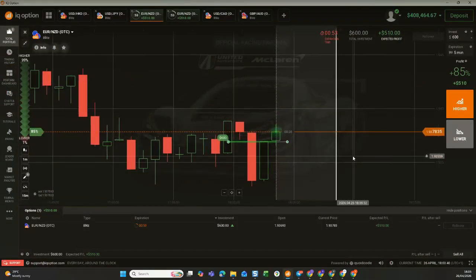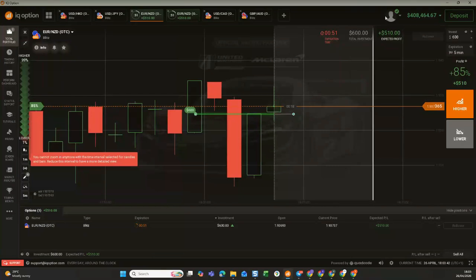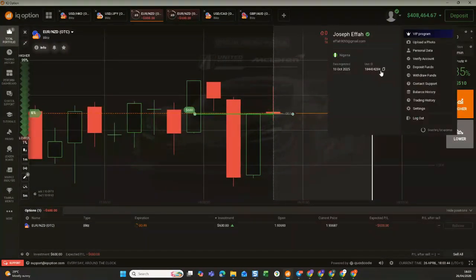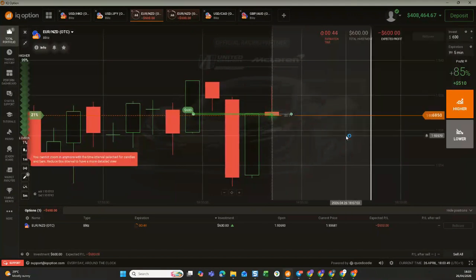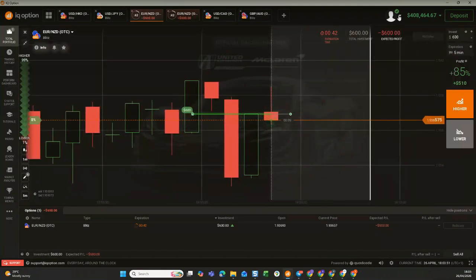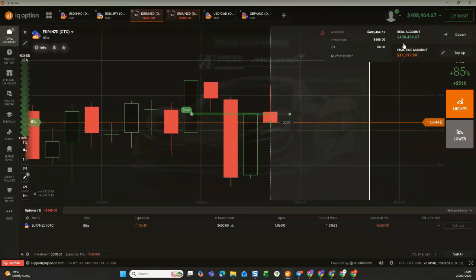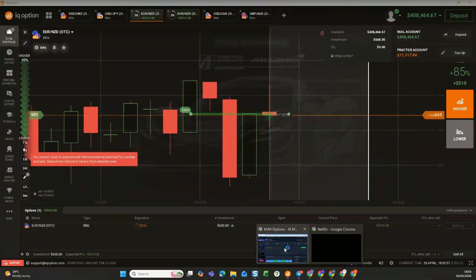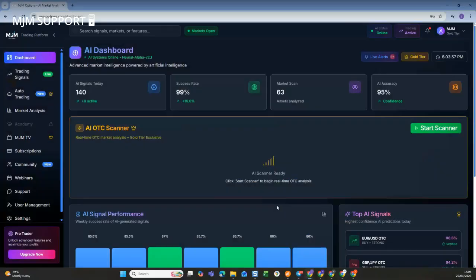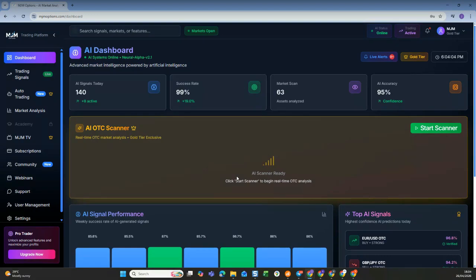The moment you register on IQ Options using our link, you go to your profile, you copy your user ID, you send the user ID to me. That's the second step. Now, the third and final step is for you to fund your own IQ Options account like you're about to trade. And that would grant you permanent access to the AI. The AI runs 24/7, so you can trade at any point in time, any day.